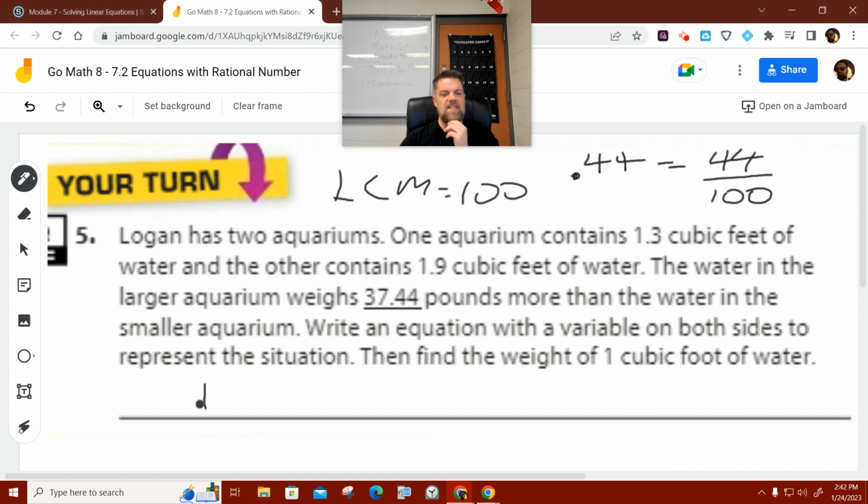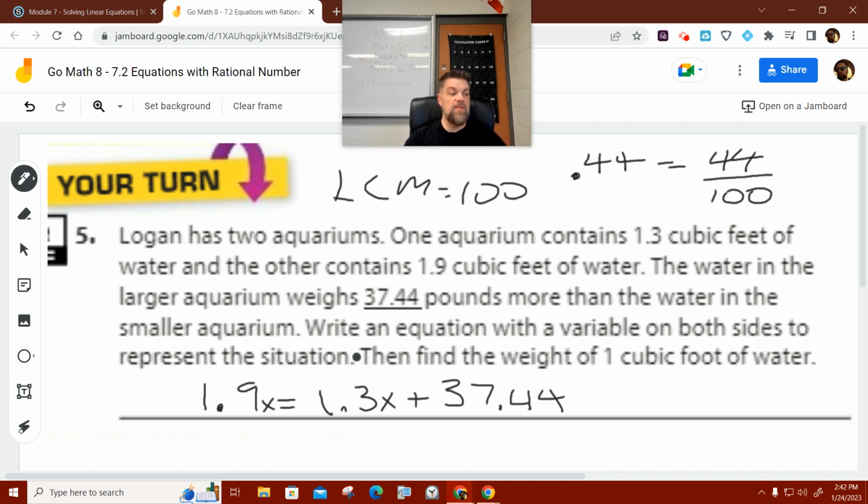So basically, I'm going to say 1.9x is equal to 1.3x plus the 37.44. In other words, they have the same amount of water, right?